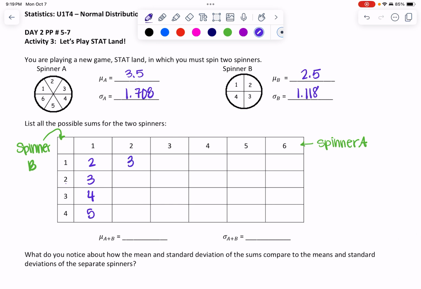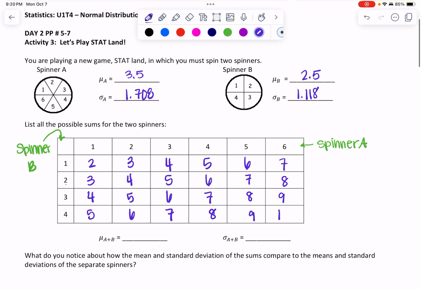And do that with all of them. So 3 plus 1 is 4, then 5, 6, 7. 4 plus 1 is 5, 6, 7, 8. We're going to start at 6, 7, 8, 9, 7, 8, 9, 10.